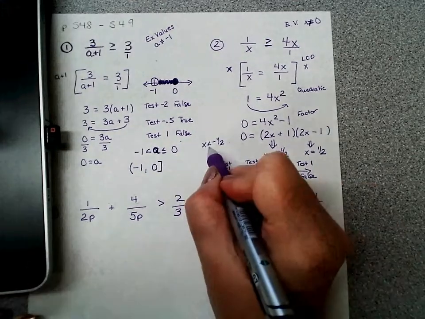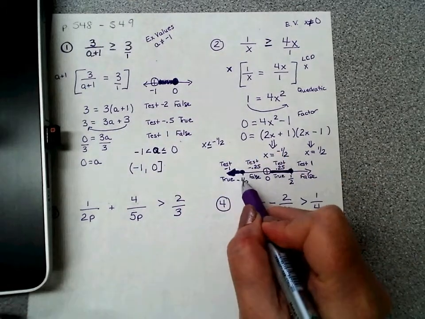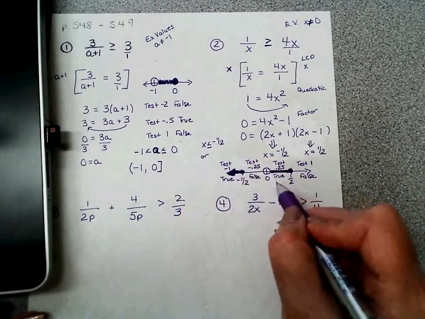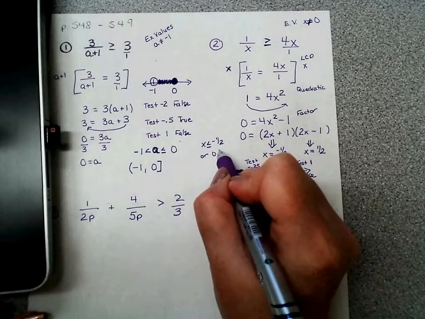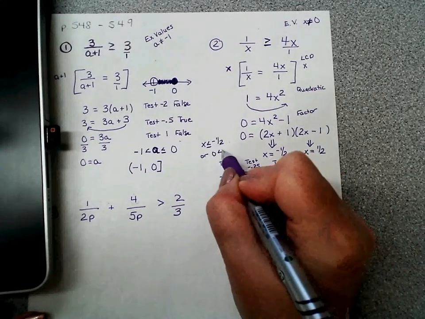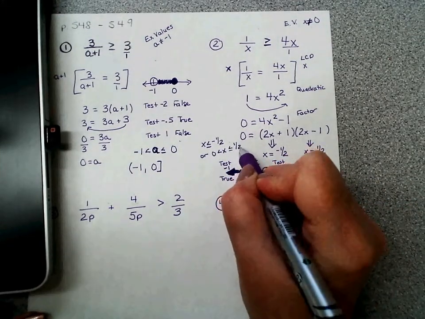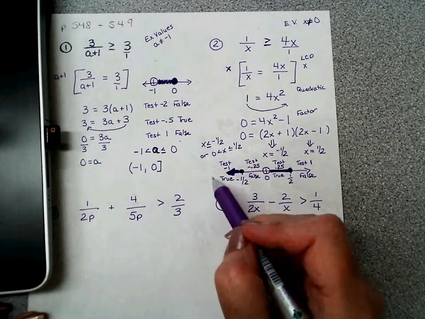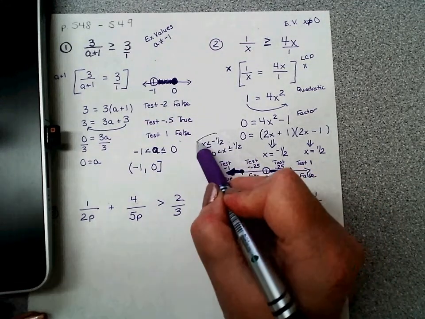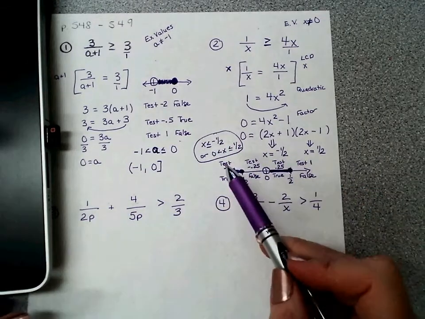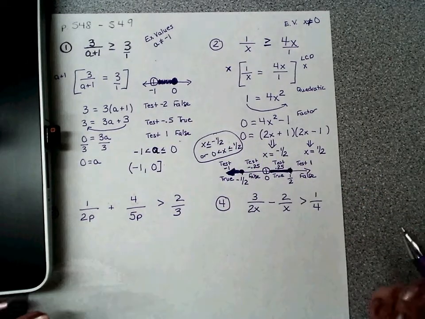Oh, excuse me, less than or equal to, because it's a closed dot. This part is a sandwich. 0 is less than x is less than or equal to 1/2. So there is the answer written in inequality notation maybe.